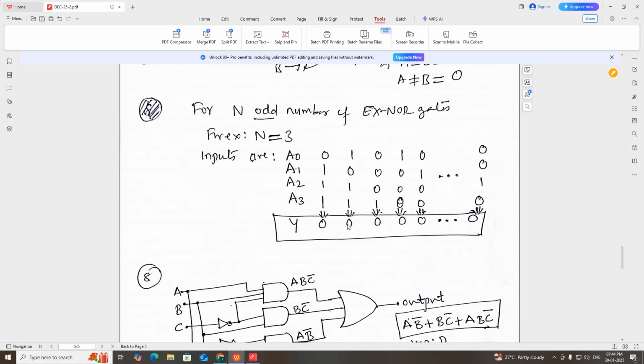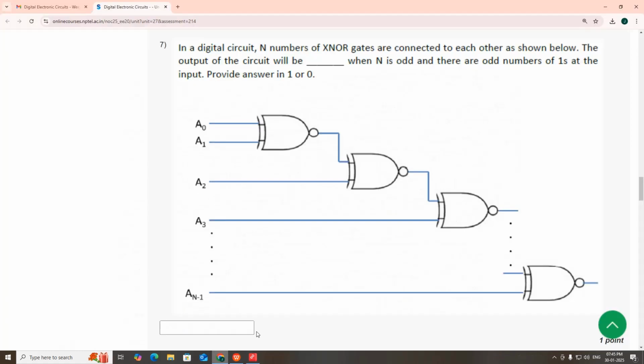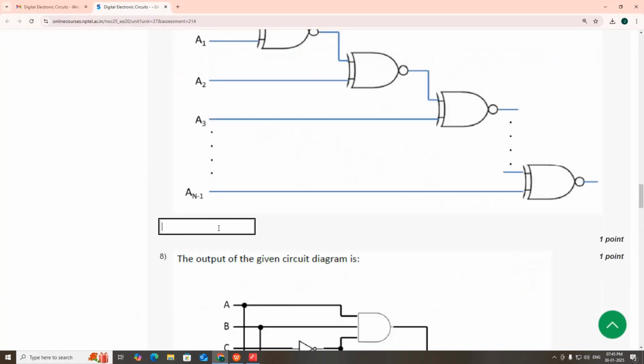Here also odd number of ones, output Y equal to 0. Here also odd number of ones, this is only 1, so output equal to 0. Likewise you can take n number of combinations of odd number of ones, and you will get output Y equal to 0.